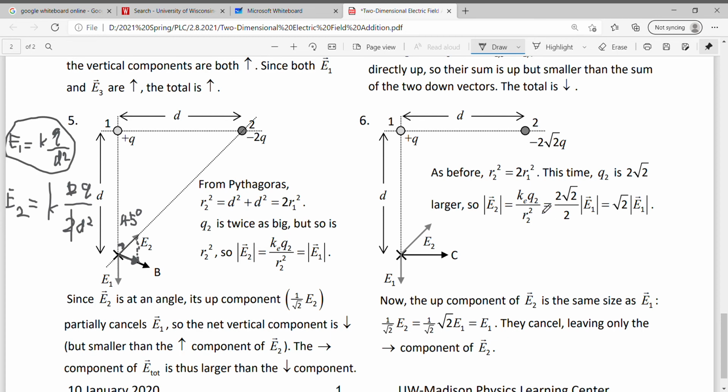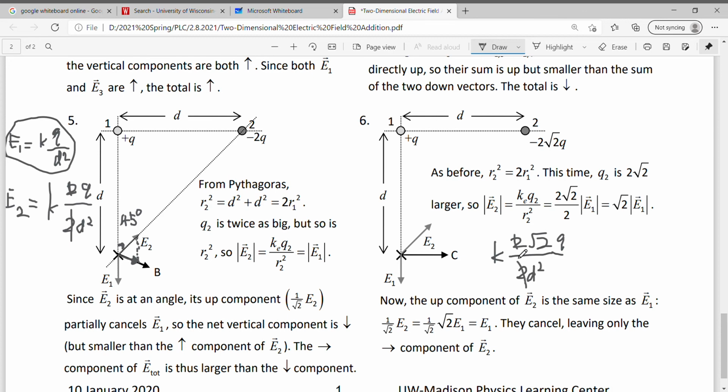Our E2 is K times 2 square roots of 2Q over root 2D squared, which is 2D squared.